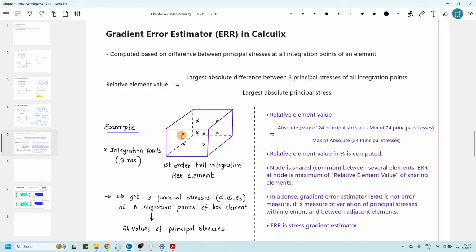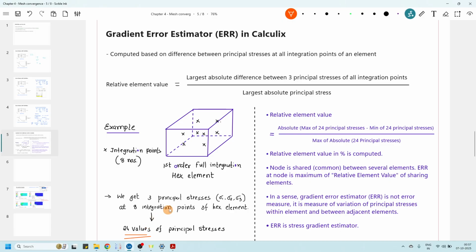So we know we can get 6 stress components, and from that we can also calculate 3 principal stresses for each integration point. So for this hex element, we have 8 integration points, each integration point having 3 principal stresses. So we'll get 24 values of principal stresses for a single element.